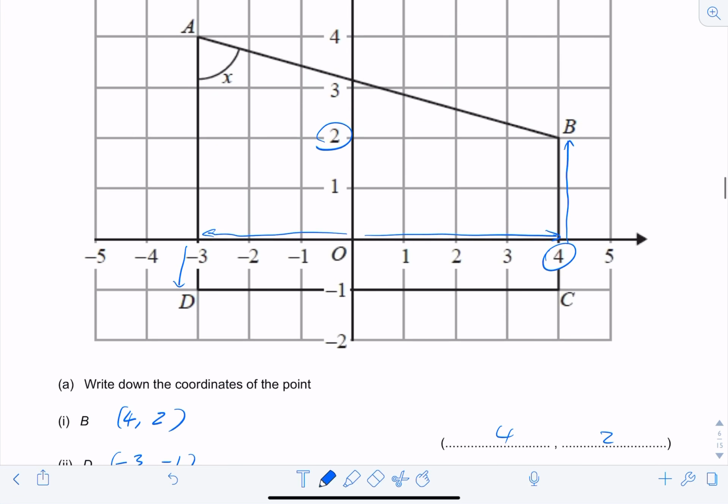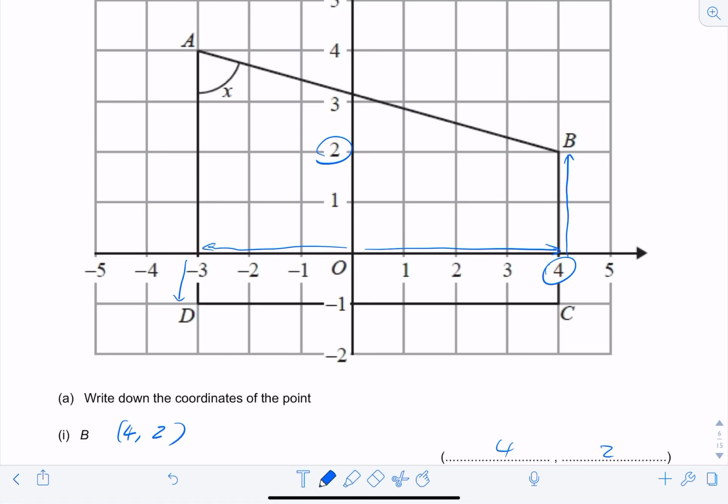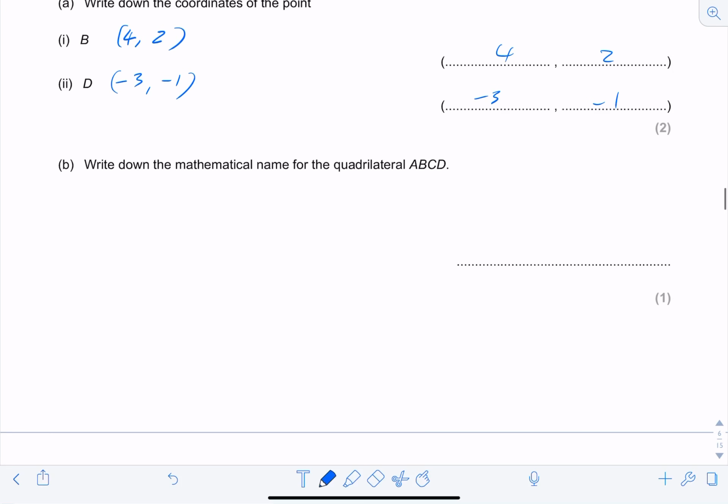It says write down the mathematical name for the quadrilateral ABCD. Now, this is a bit tricky, really, because it doesn't look like a normal shape. If I turn it sideways, I can see that that there is parallel to that one there, and then you've got 2 extra lines. This is a type of one of these, called a trapezium. For a trapezium, all you need is 2 parallel lines like that. The other lines don't matter.